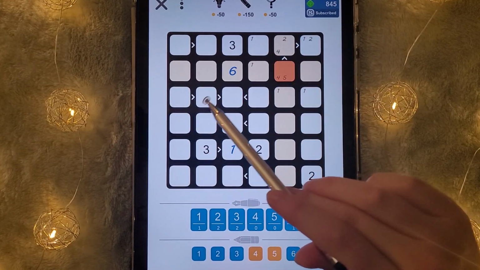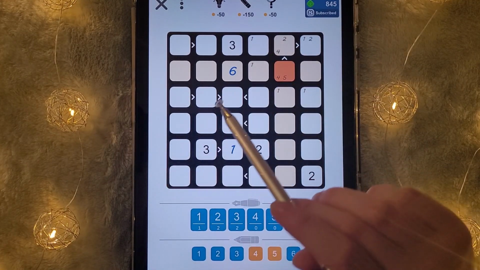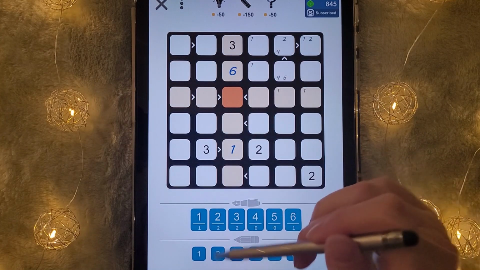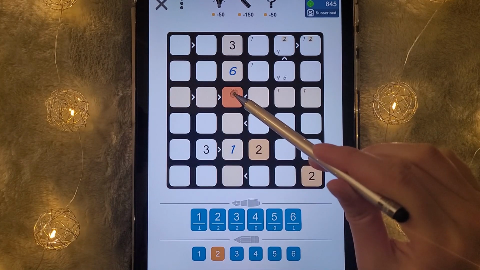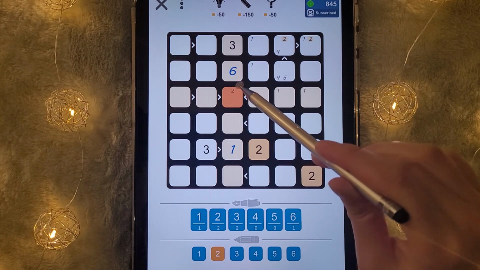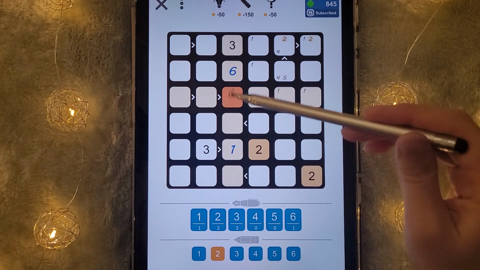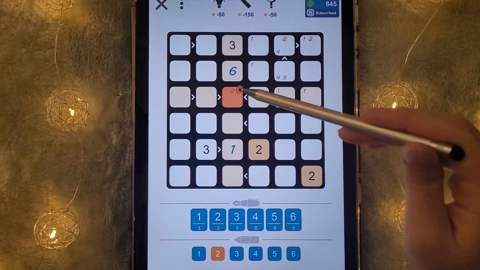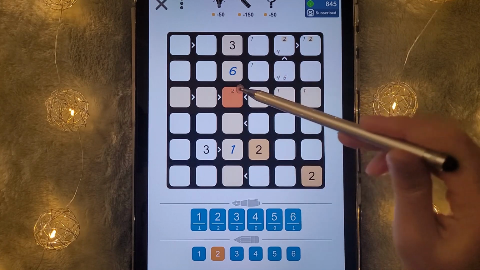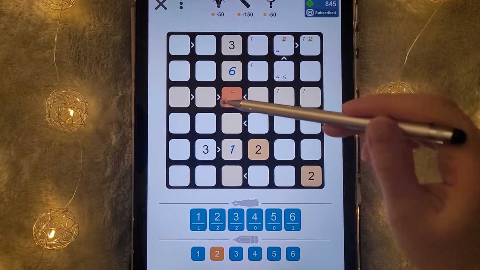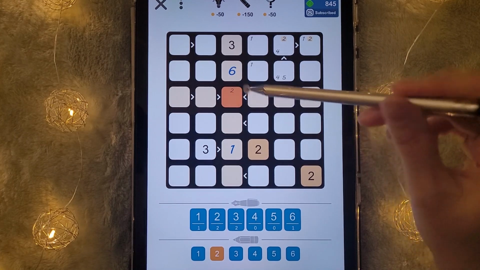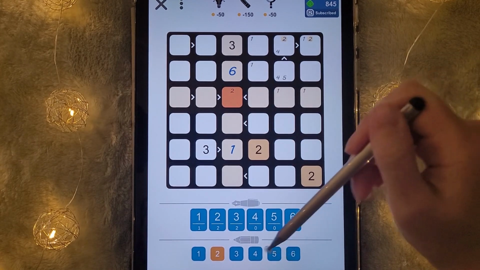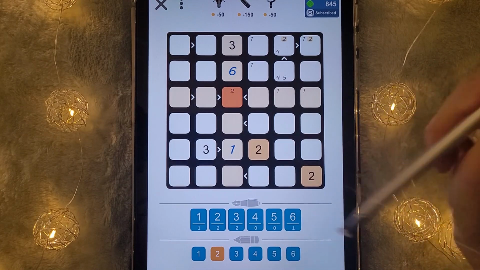We have a similar chain here, except the lowest number that can go there is a 2, and a 4 can't go here. We already have a 1 and a 3 in this column, so there's a possibility of a 2, and I know that a 4 can't go here because we need 3 numbers that are greater than a 4, and we only have 2 with our 5 and a 6.